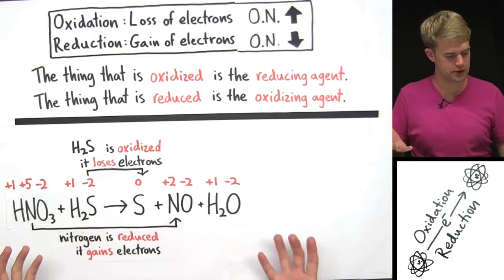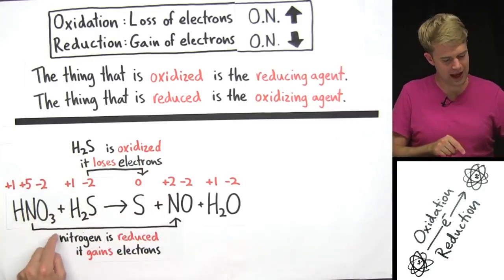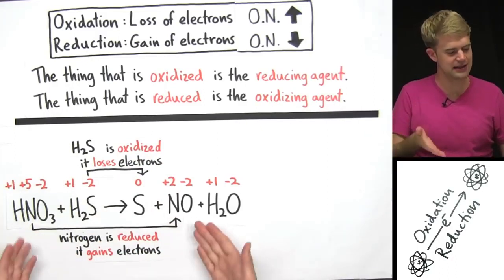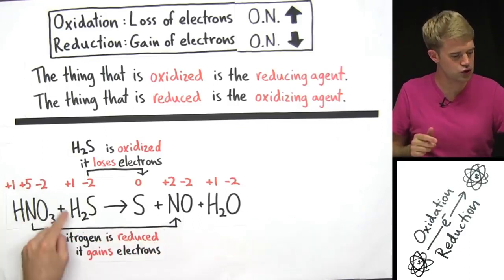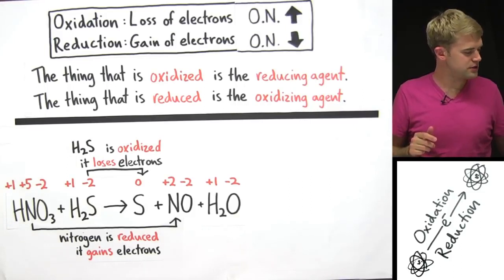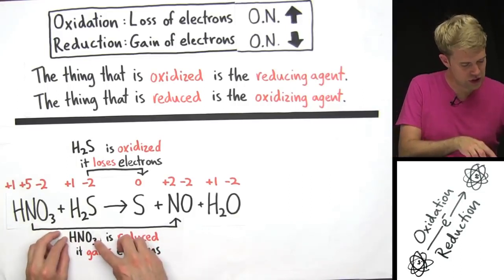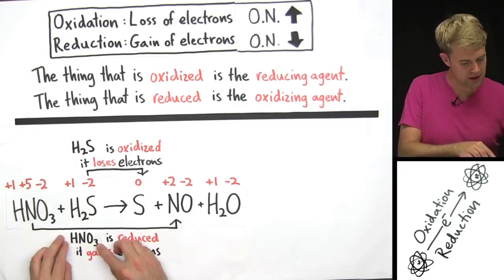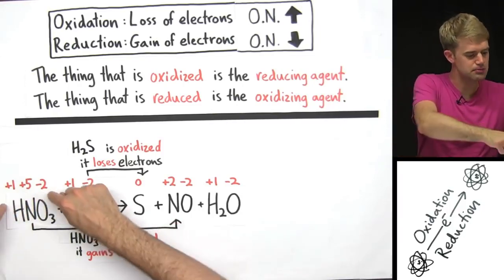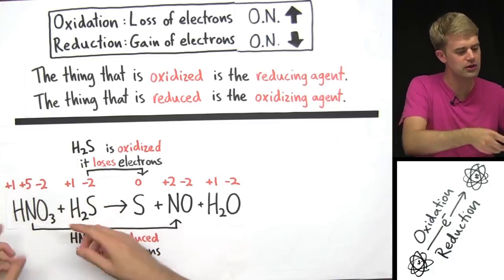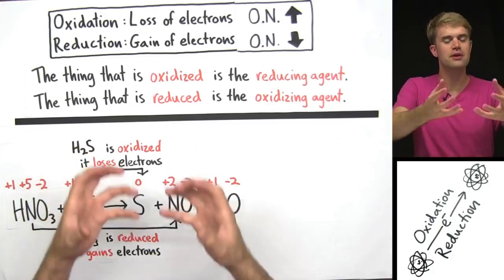It's losing electrons. Nitrogen, this nitrogen atom, is definitely getting reduced. It's gaining electrons. But if we're talking about the larger compound that nitrogen is part of, we'll say instead that HNO3 is getting reduced here. The nitrogen is gaining electrons, but the nitrogen is part of HNO3, so the whole HNO3 is gaining electrons.